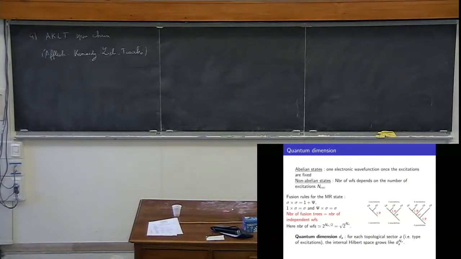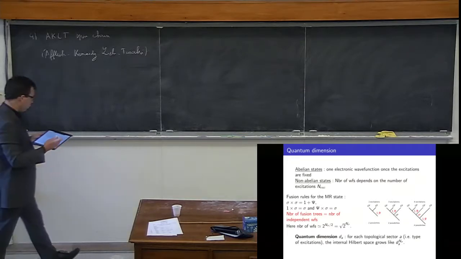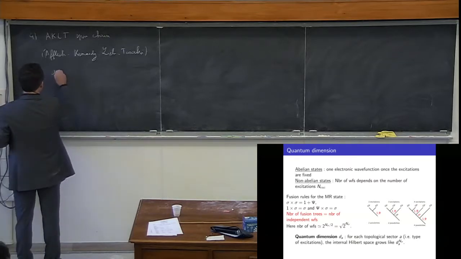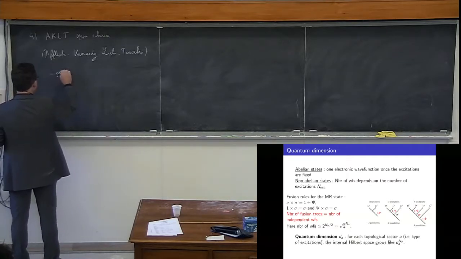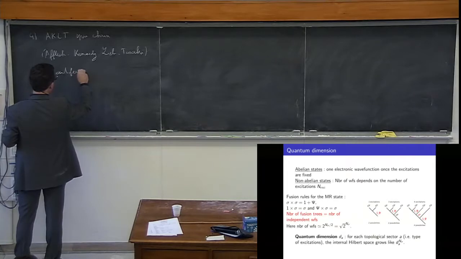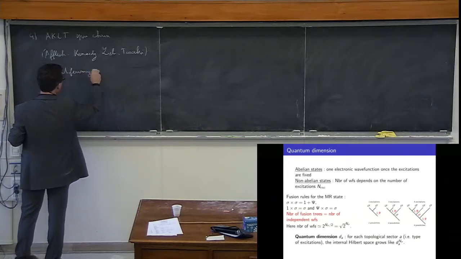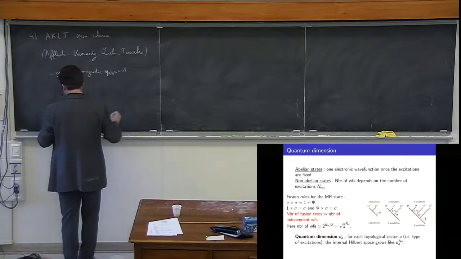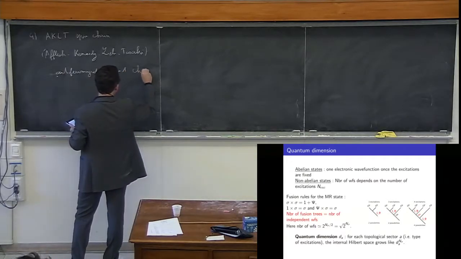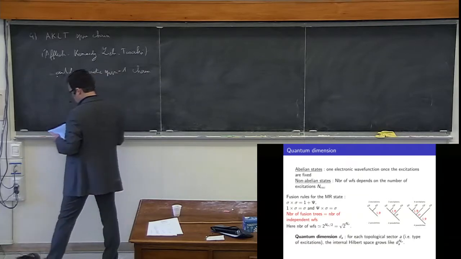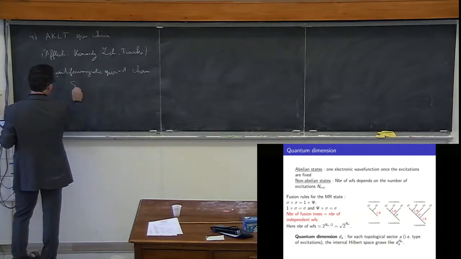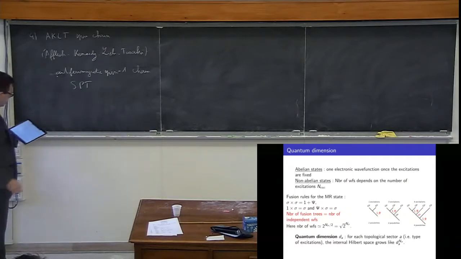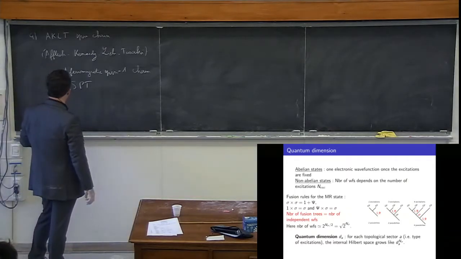So the AKLT chain is one of the simplest many-body quantum systems, strongly correlated, where you have a gapped phase. It's an antiferromagnetic spin 1 chain. It's an SPT, a symmetry protected topological phase. That's also one of the simplest examples of SPT.